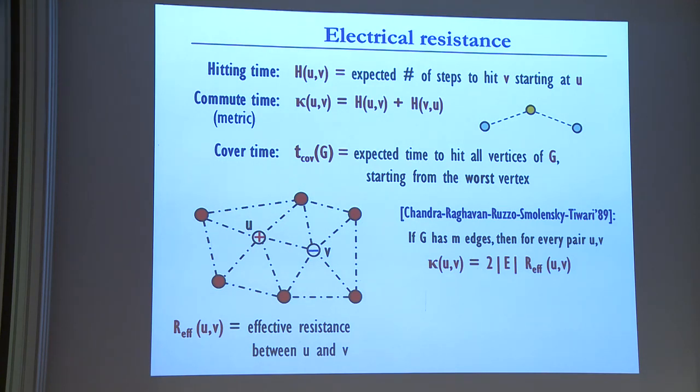So if you want, you can think of this as a definition of effective resistance. There are other definitions as well. This is also one way to show that effective resistance is a metric. The triangle inequality of effective resistance is not obvious from the classical definition, but it is obvious this way.